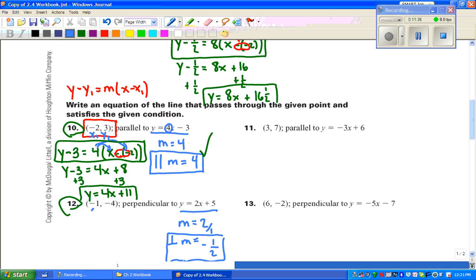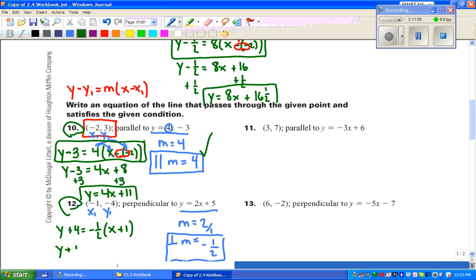All right. X1, Y1, and let's start writing it out. Y, now instead of a minus negative 4, it's going to be Y plus 4 equals negative 1/2. And then you got X minus a negative 1. You got plus 1 there.